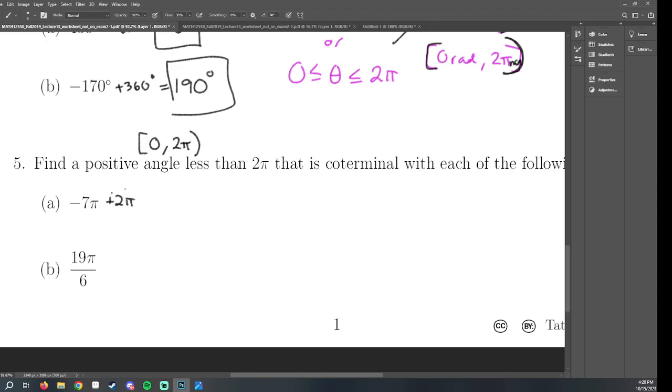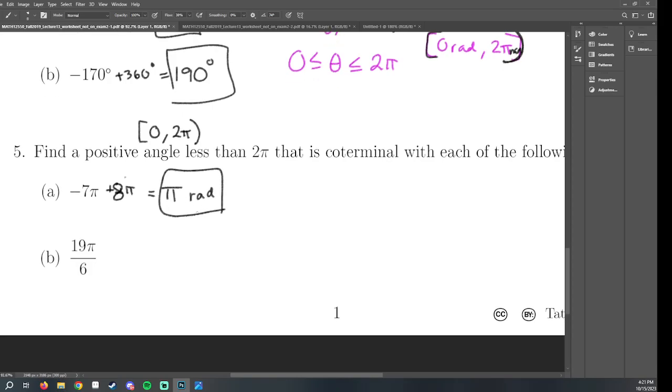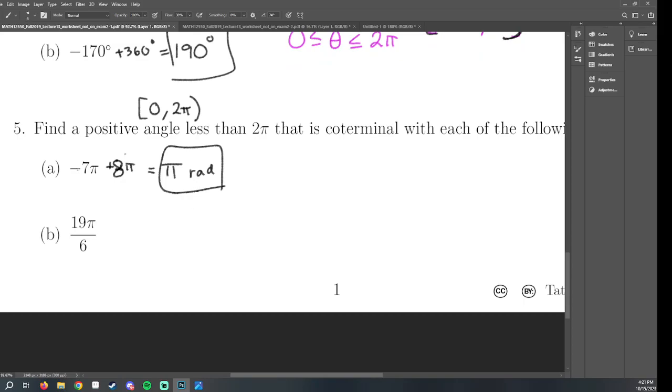In this case, obviously, you could add 8 pi. Negative 7 plus 8 is 1 pi. 1 pi is between 0 and 2 pi, so that's our final answer. And again, we would write radians, even though this problem didn't write radians next to our number. Radians or rad is fine.